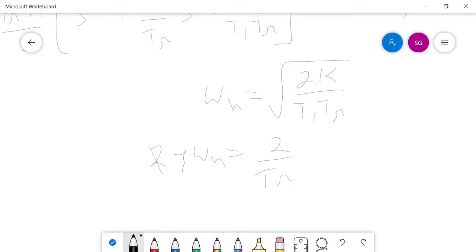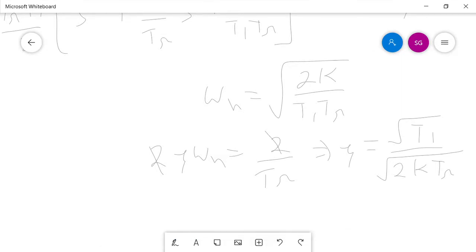So our zeta will become 1 upon under root, 2K, T1 goes up and Tr is reduced by an order, so zeta is under root T1 by 2K Tr.